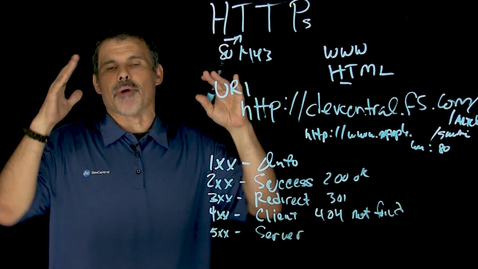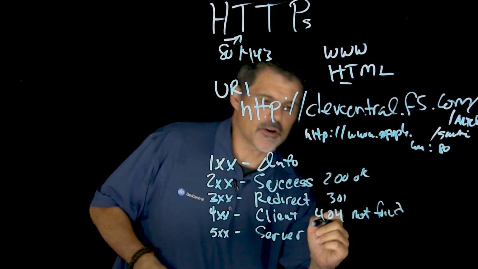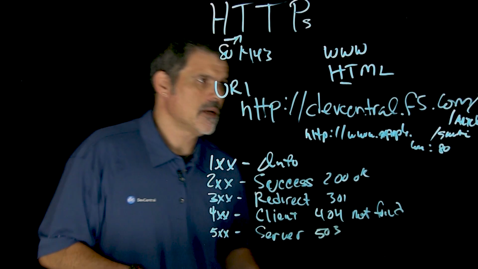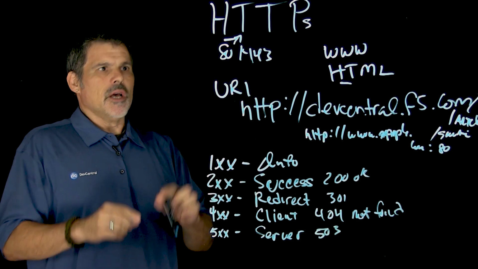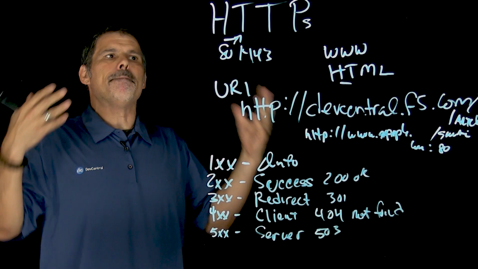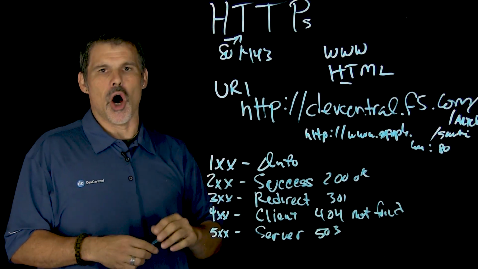So sometimes you click in the browser, nothing happens for a while, and then you get the 404 not found, or even the server error, the 503. I think that's server not available, but you get the idea.